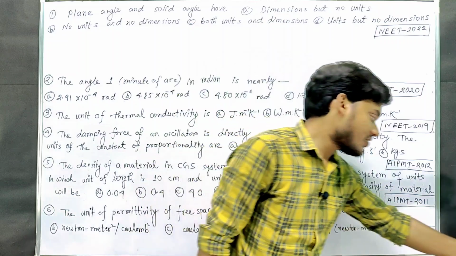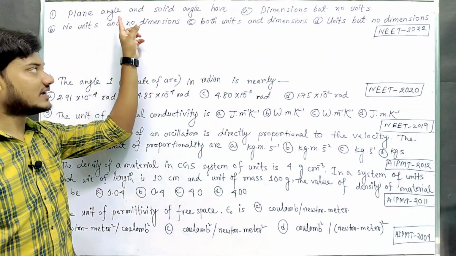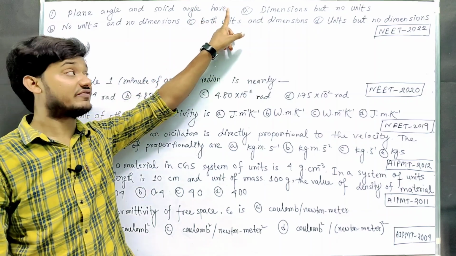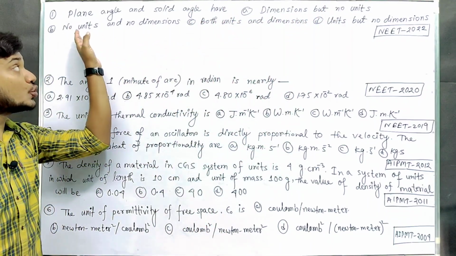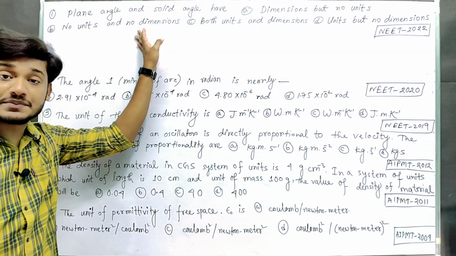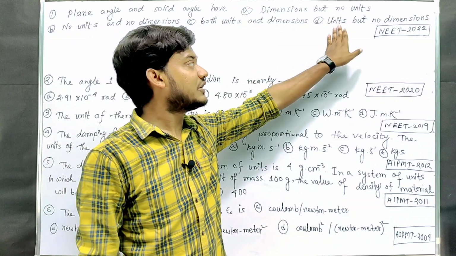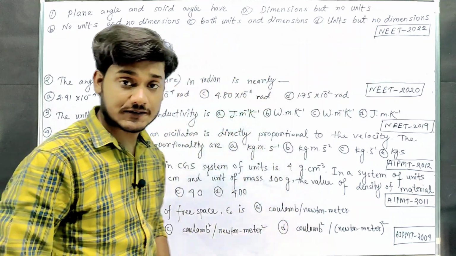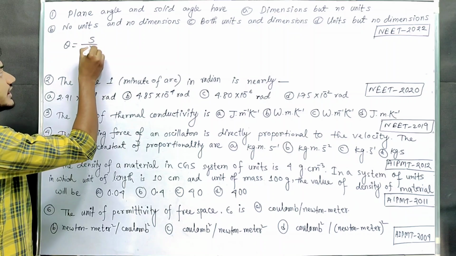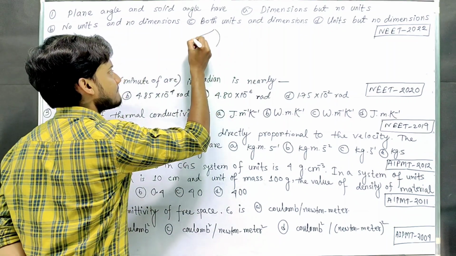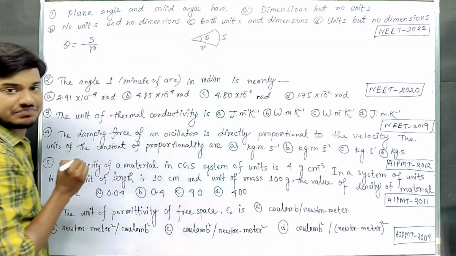First question: plane angle and solid angle have dimensions but no units, no units and no dimensions, both units and dimensions, or units but no dimensions? Plane angle theta equals s by r, where r is the radius and s is the arc.